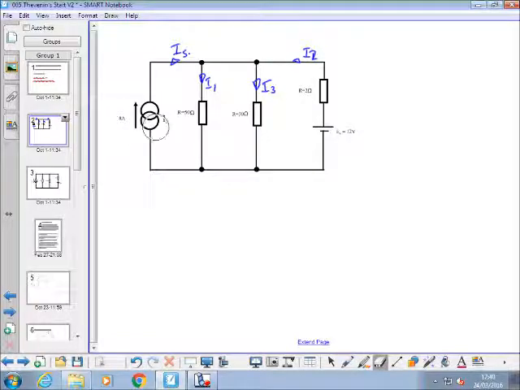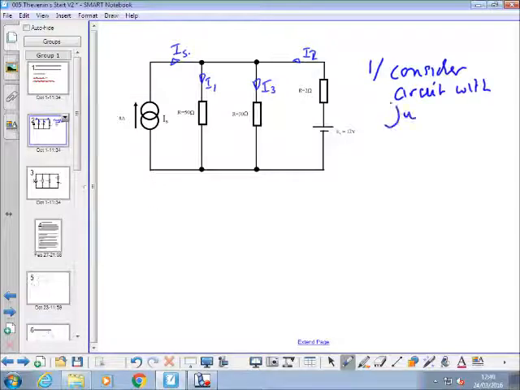Okay, so what we do is we first of all consider the circuit with just the current source. What have we got to do with the voltage source, the battery, to be able to do that?